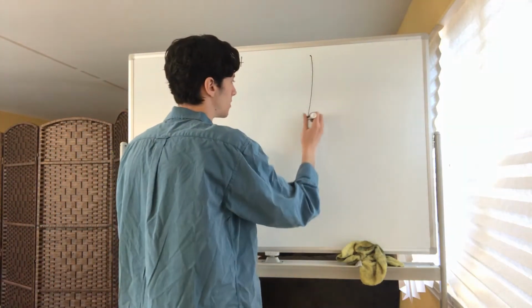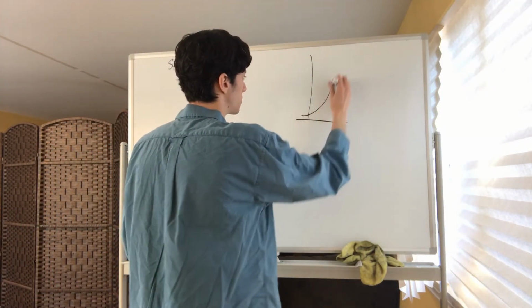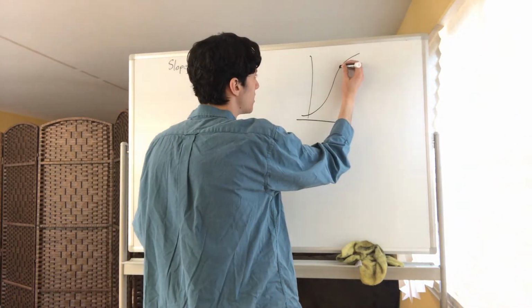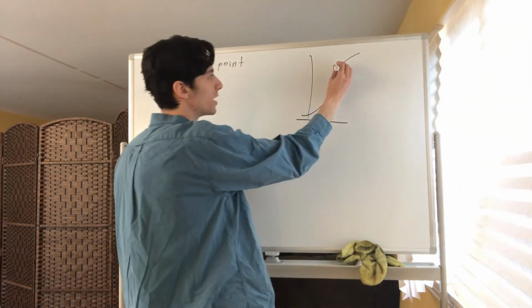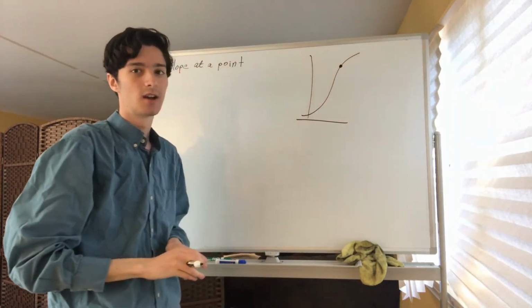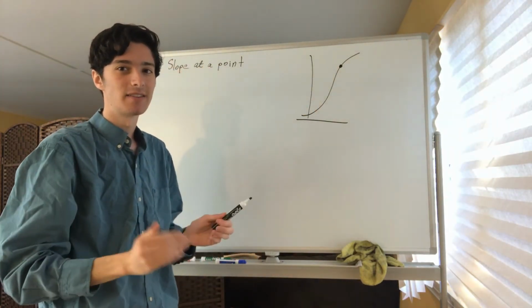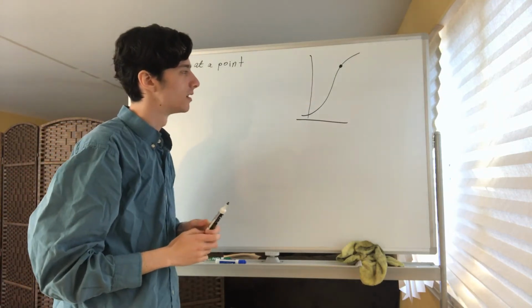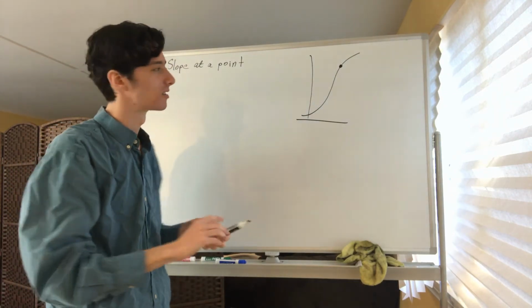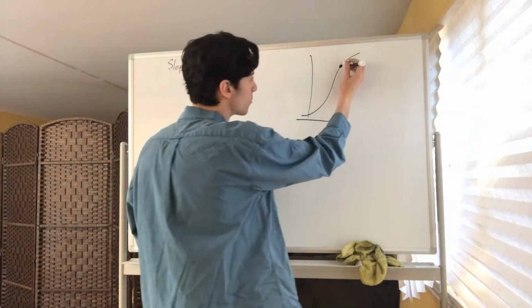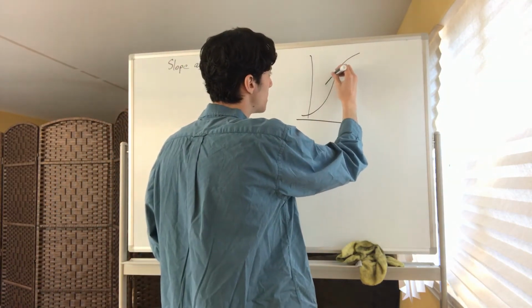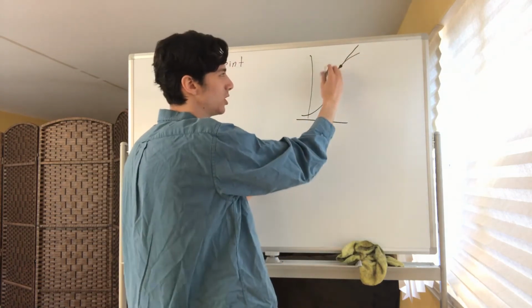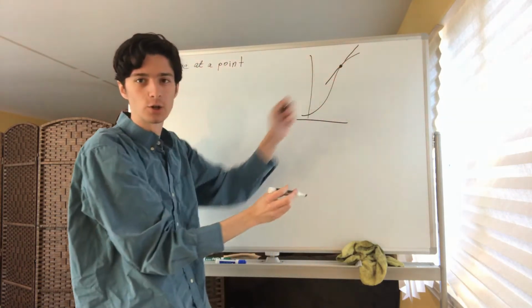So perhaps I'll draw a graph of a function. And let's say I'm really curious about the slope of this point right here. And I might ask, can you draw a line that has the same slope as this point? Well, you look at the context of the function and see that right around this point, it would make sense for it to have a slope that looks like this line I just drew.